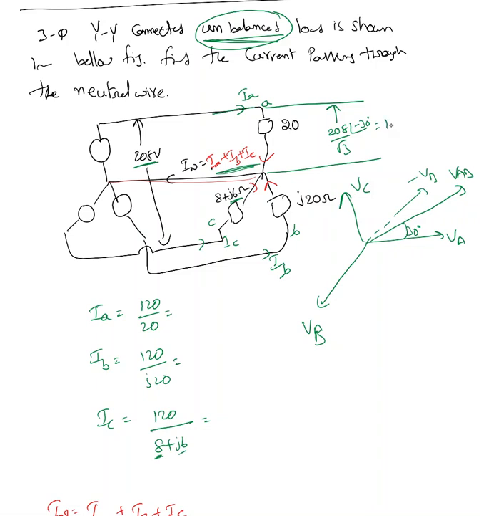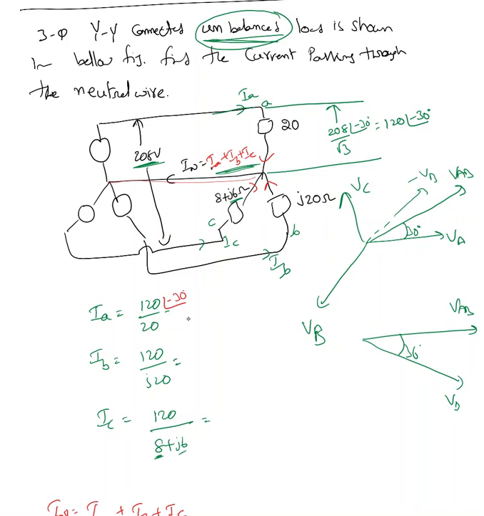So this is 120 at an angle of negative 30, because the line voltage is 208 at an angle of 0. So this is VAB, and your VA is going to be lagging by 30 degrees. That's the reason we end up having negative 30 there.